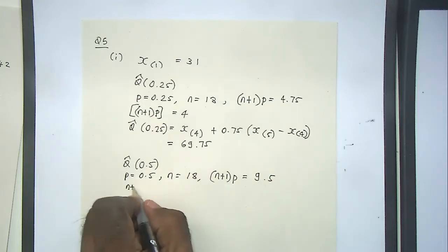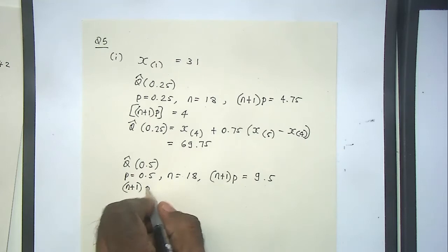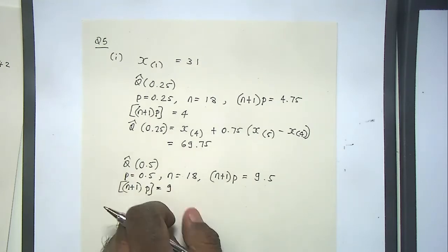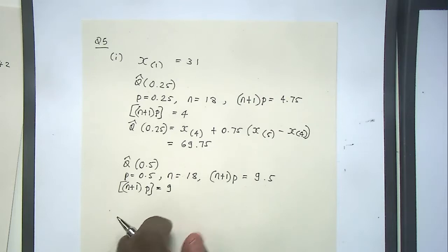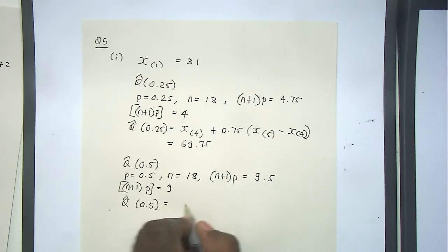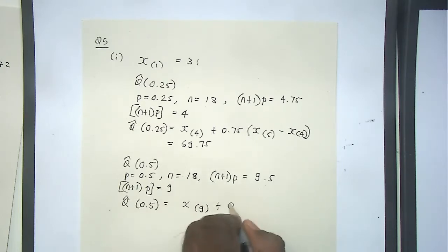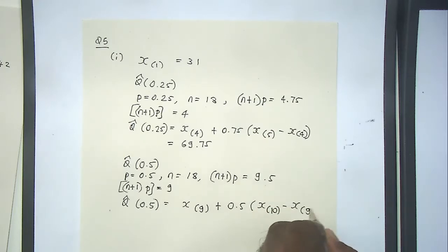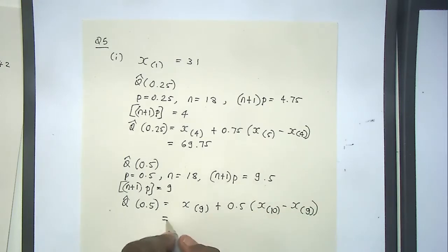The integer part is 9. So Q hat at 0.5 will be the 9th smallest value plus 0.5 times the difference to the next, and if you work this out, you will get the answer 78.